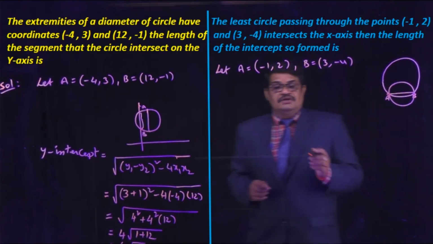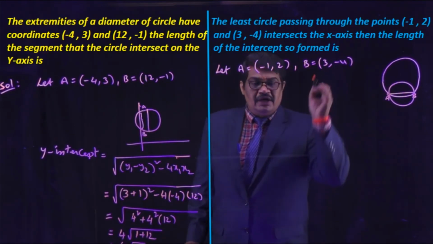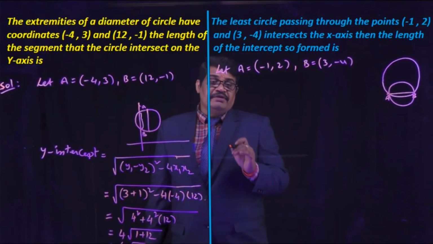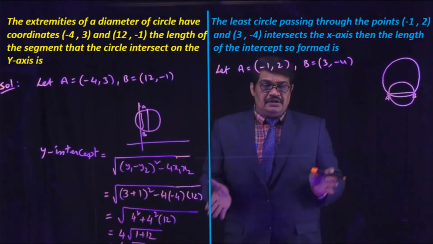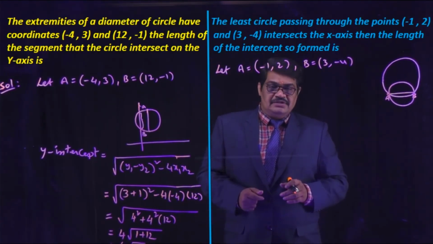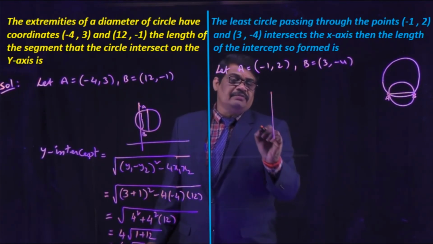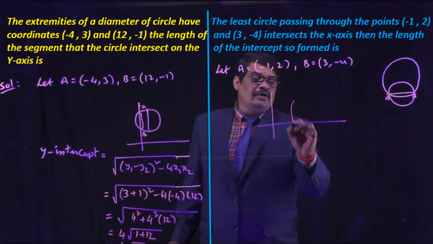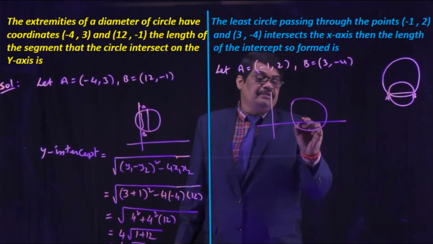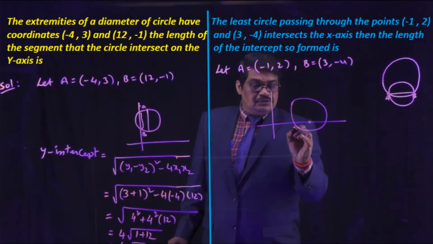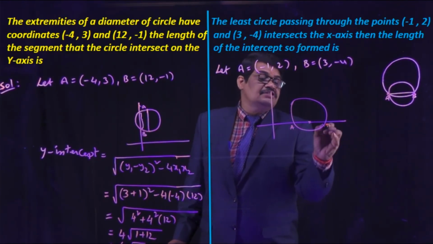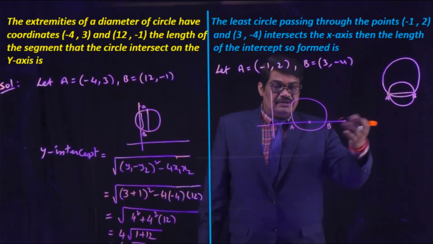So the least circle passing through A and B is the circle in which A and B are the endpoints of the diameter. Now we have to find the intercept made by the circle on the x-axis, that is the x-intercept.